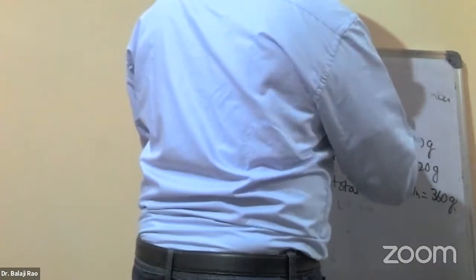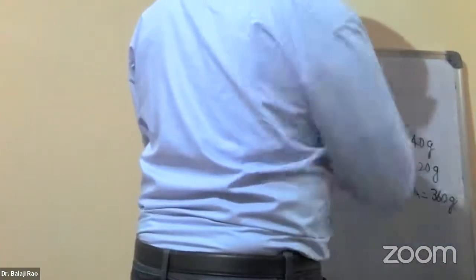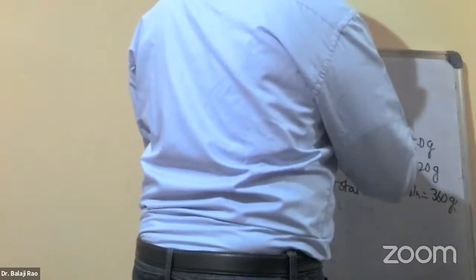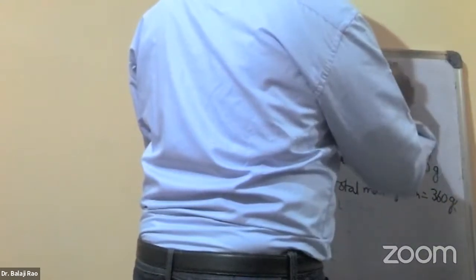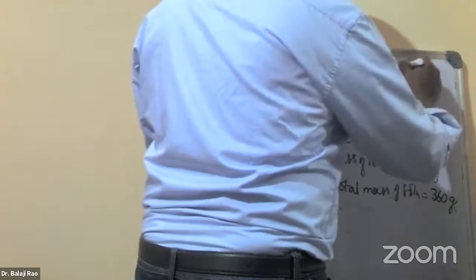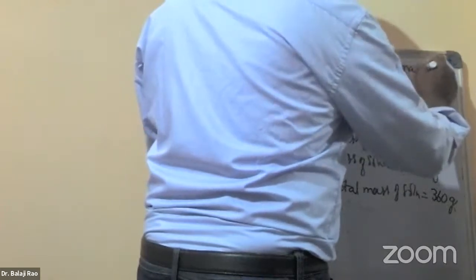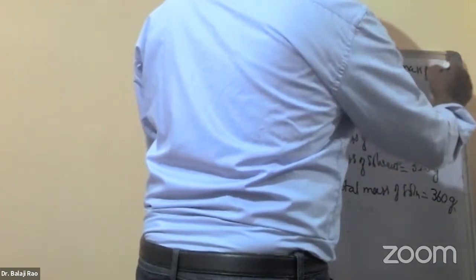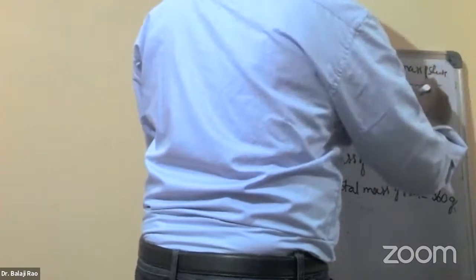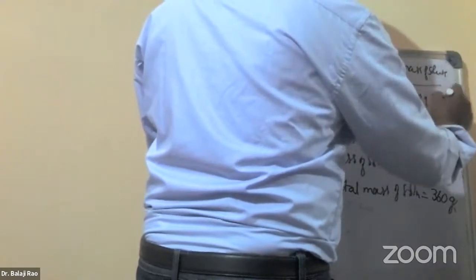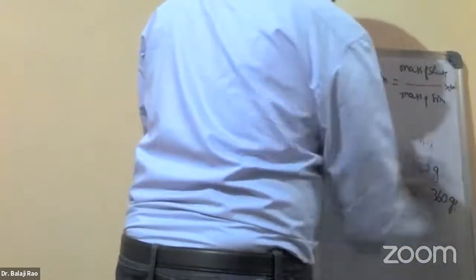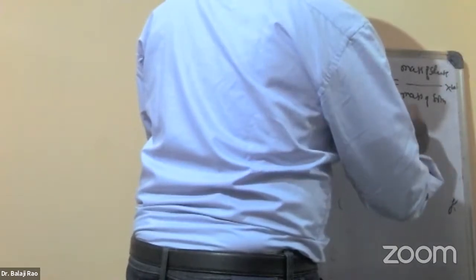Mass percentage of solution is equal to mass of solute divided by mass of solution into 100. So that becomes 40 divided by 360 into 100.